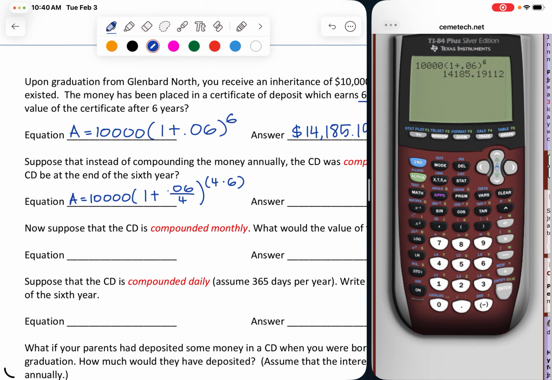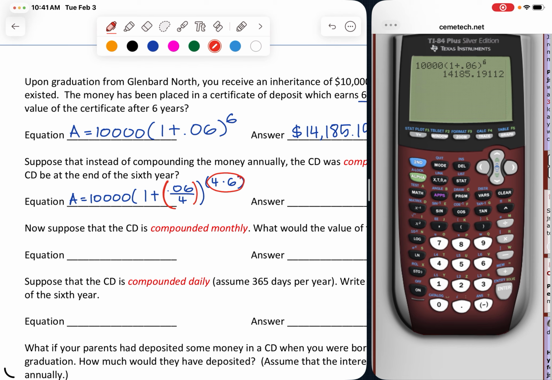So something important. When we're putting this in our calculator, we have to make sure that it is doing order of operations. We wanted to divide this first and then add 1 to it. We wanted to multiply these two numbers and not bring this to the 4th power and then multiply the answer by 6.